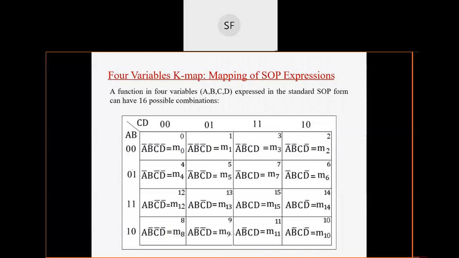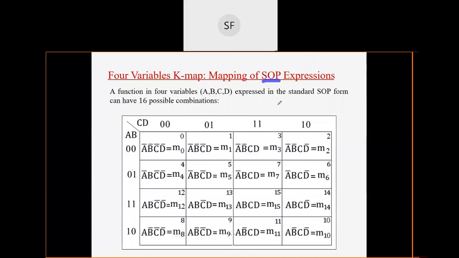So now again you can observe what the changes are here. Since there will be 4 variables, the total possible combinations of either max terms or min terms, since we are now discussing SOP form, again SOP form, that means here there will be min terms present.